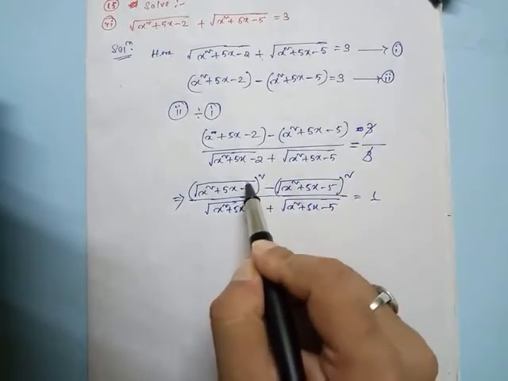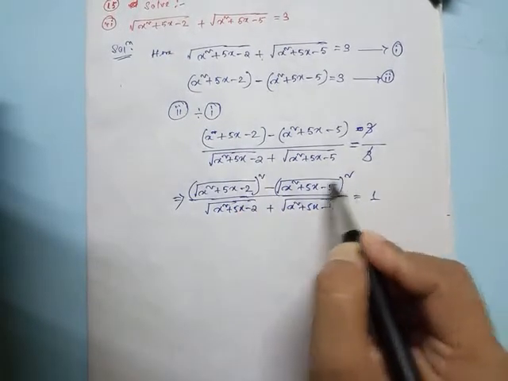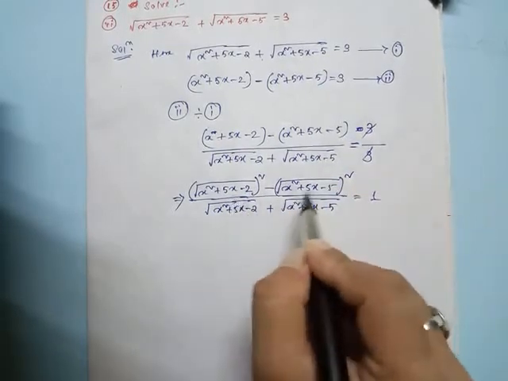Look here student, square root cancels, we will get this equation again, and here the square root cancels, we will get this equation again. That's why I have written in this form.